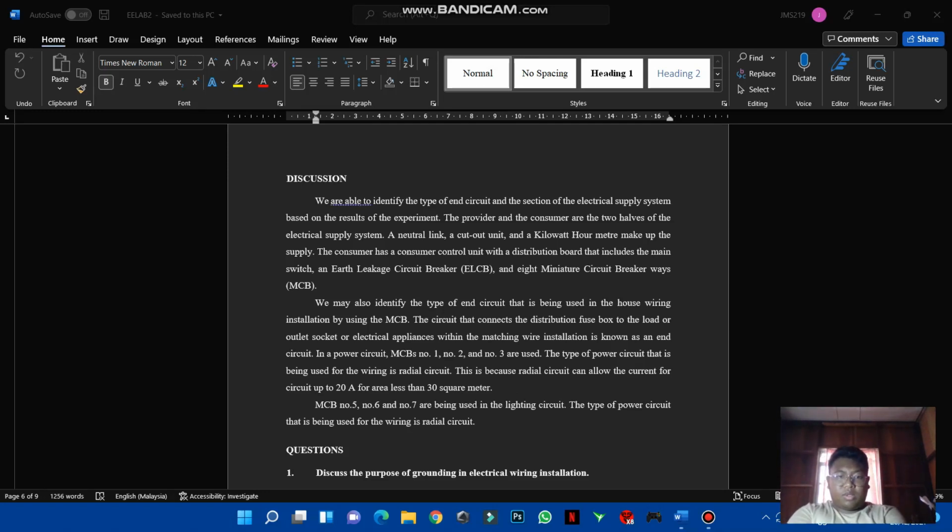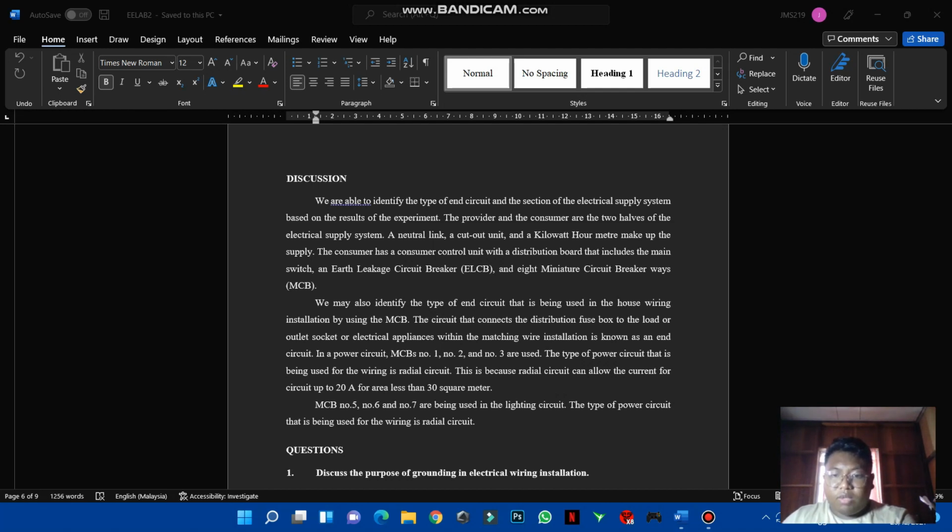For discussion, we may identify the type of end circuit that is being used in house wiring installation by using the main circuit breaker. The circuit that connects the distribution fuse box to the load, or the outlet socket or electrical appliances within the wiring installation, is known as an end circuit. In the power circuit, MCB number 1, number 2 and number 3 are used.